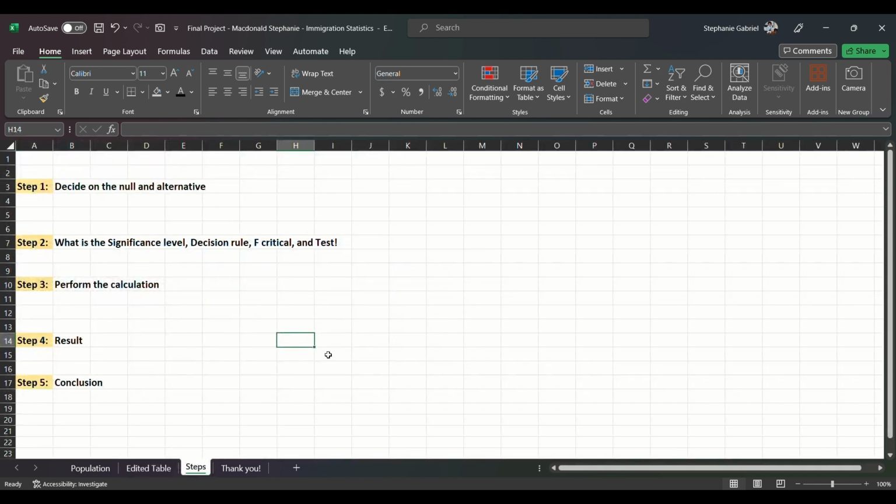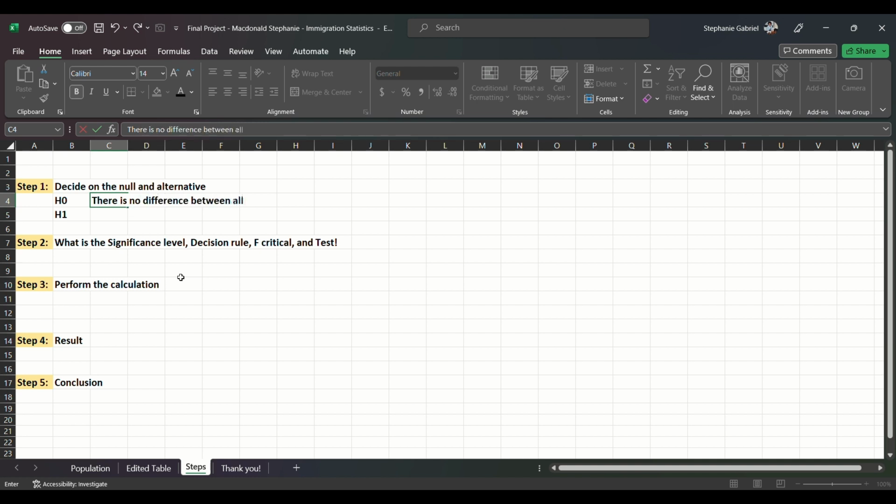First of all, we need to decide on the null and the alternative. For the null, we want to put there is no difference between all quarters.